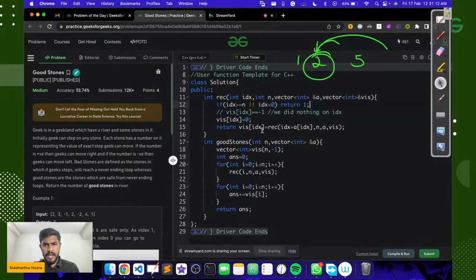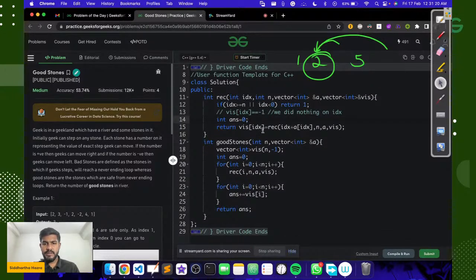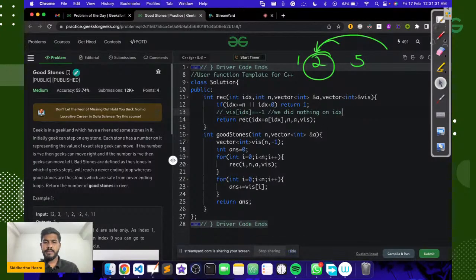If you just remove this part, and initialize int answer equals to 0, and return this, simply do this and make a visited array, and this is it. Nothing else, just keep marking it.